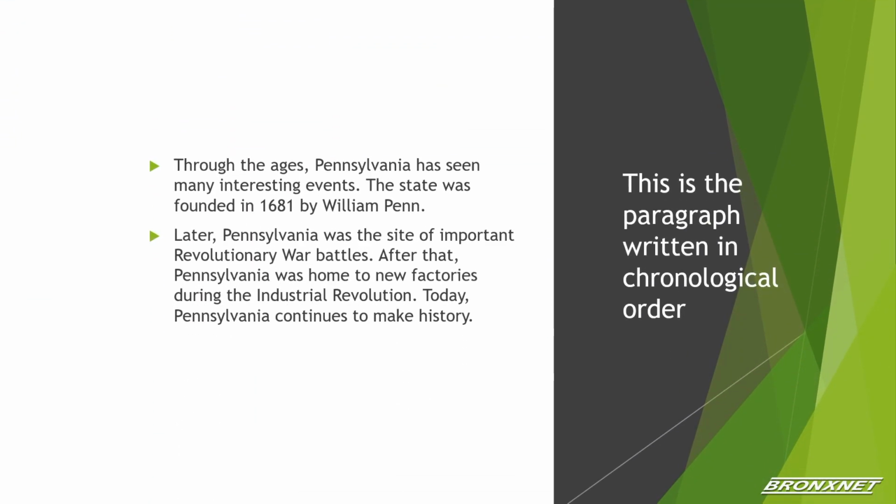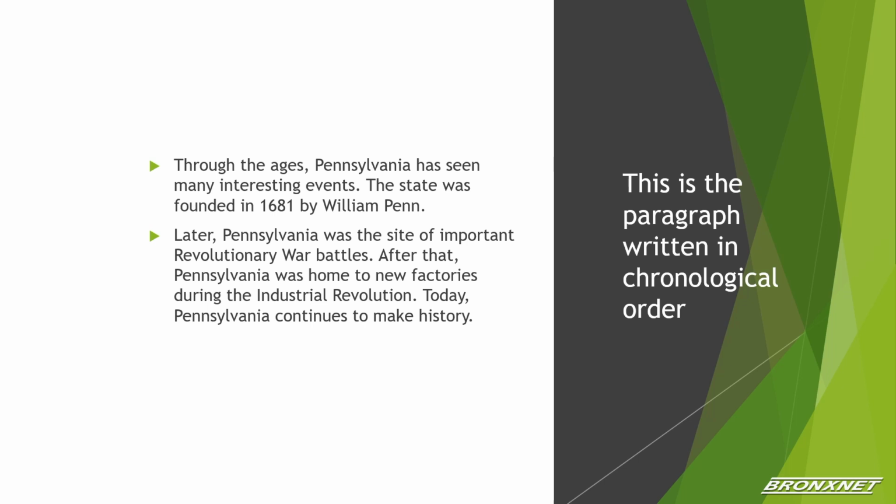Now, this is a paragraph written in chronological order. Through the ages, Pennsylvania has seen many interesting events. The state was founded in 1681 by William Penn. Later, Pennsylvania was the site of important Revolutionary War battles. After that, Pennsylvania was home to new factories during the Industrial Revolution.